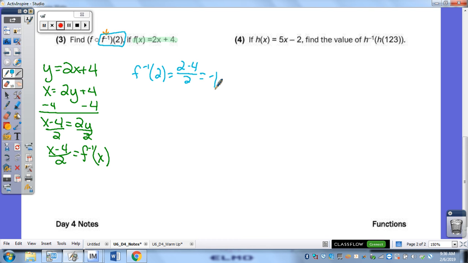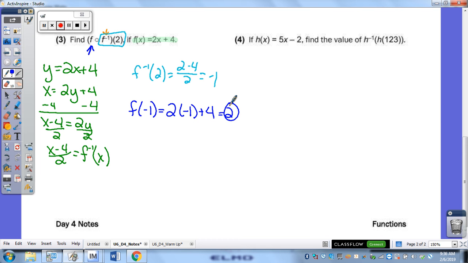So now I'm going to take that negative 1 and plug it into my f function. So 2 times negative 1 gives us negative 2. Negative 2 plus 4 gives us positive 2.